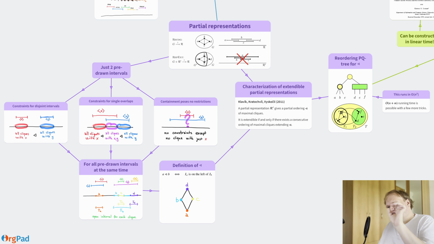And actually this partial ordering is special. It is a so-called interval ordering, which is sort of a dual term to interval graphs. So these two things are closely related to each other. And I didn't have enough time to cover this part of interval graphs in this video.